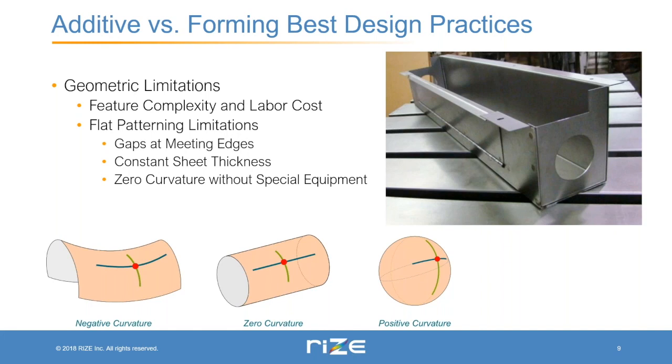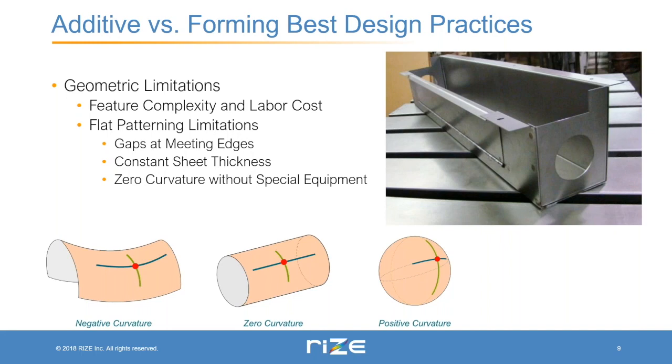There's also the fact that producing sheet metal parts from flat patterning will involve a constant sheet thickness, so you won't be able to produce parts with variations in the strength so that you can strengthen one portion without needing to thicken the rest of the part. And there are some exceptions to these things if you use special machinery for them.